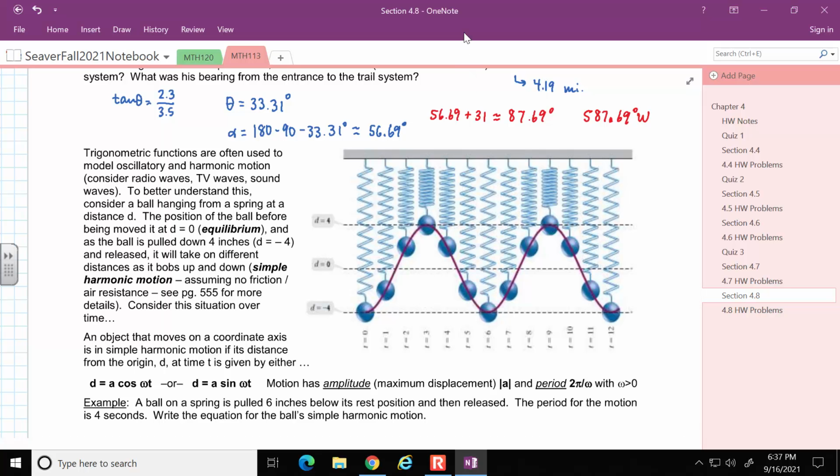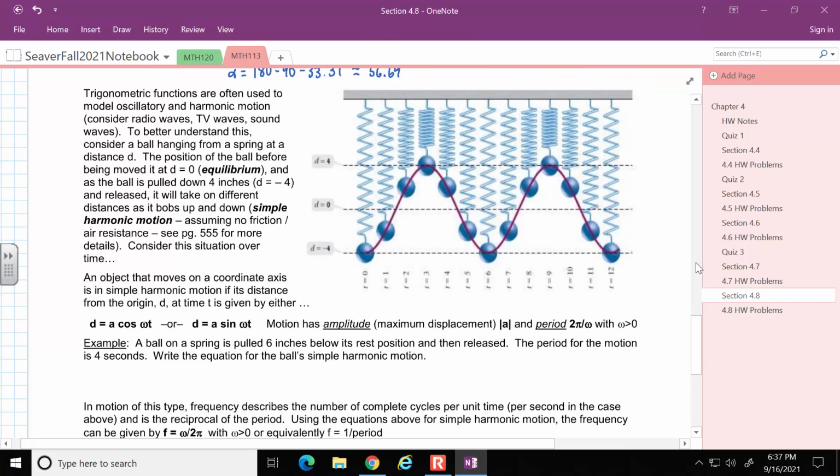So those kinds of functions are used to model simple harmonic motion and things like the tides that repeat. In particular, these types of functions are usually represented as a sine function or a cosine function, typically, for simple harmonic motion.